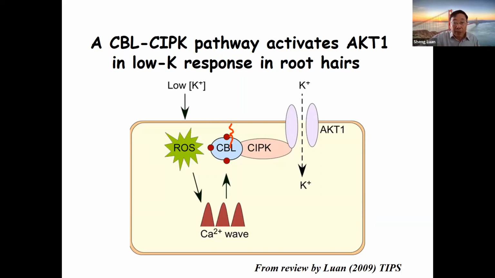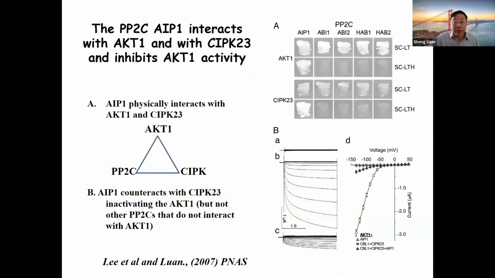Now, if CBL, CIPK is a kinase, and kinase phosphorylation activates the channel, then you would expect some negative regulators or phosphatases to dephosphorylate the channel and reset the system, right? Signaling is not only about activation, but also inactivation.